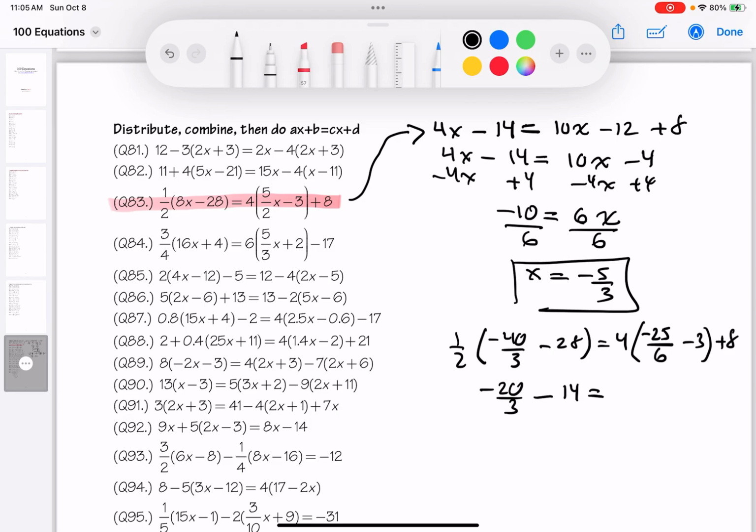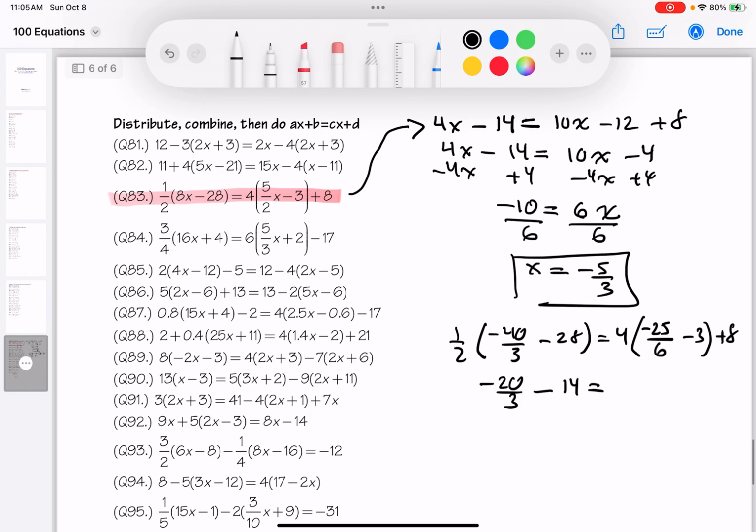Over here, I'm also going to distribute. And what do you get there? You get minus 50 thirds minus 12 plus 8. I'm going to keep doing the arithmetic. I'm going to say common there is 3. This is minus 20 minus, well, that's going to be 30 and 12, which is 42. Let me just over here, and maybe I'm going a little too quick with that one.